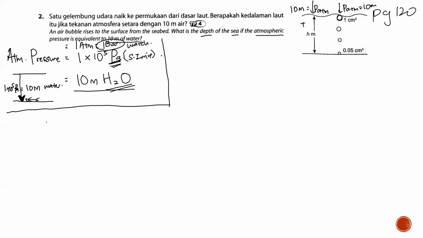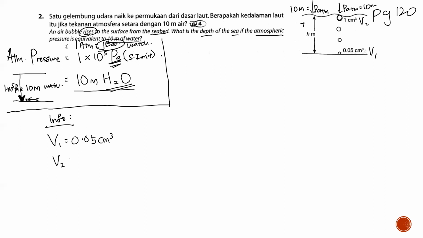So now let's write the info. Rises to the surface from the seabed. So this is V1, this is V2. Case 1 at the bottom, case 2 at the surface. So V1 is 0.05 centimeter cube.